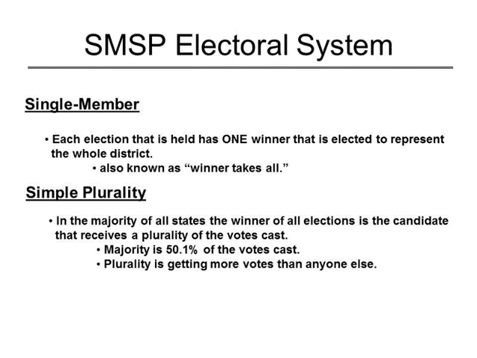If you win with a plurality, that means you have simply received more votes than anybody else. So our electoral system in this country is based on two basic premises. First, that there will be only one winner in each election, and that winner will be determined by the candidate who receives a plurality of the votes.